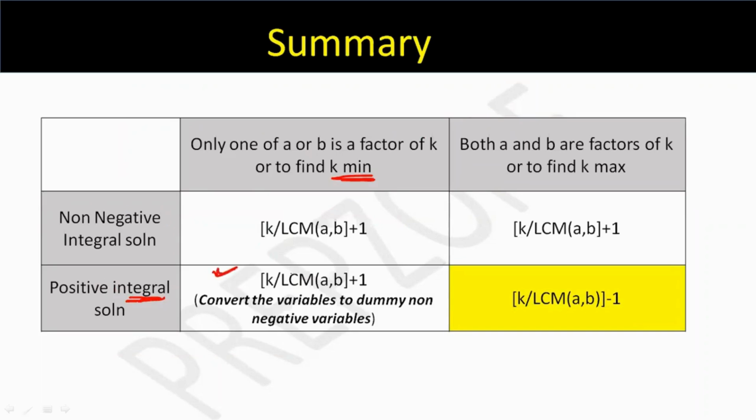And to apply this thing, you have to convert the variables into dummy non-negative variables. Either you can do it by the subjective ways, but then there are proofs which basically reduce everything so that you can solve questions faster.